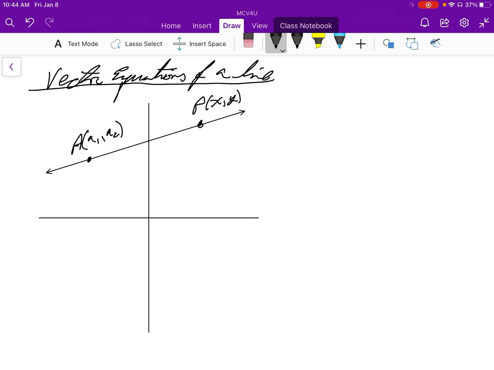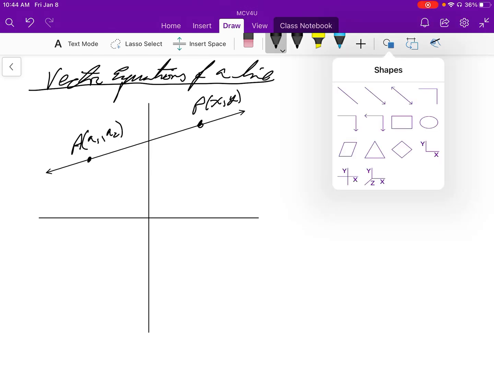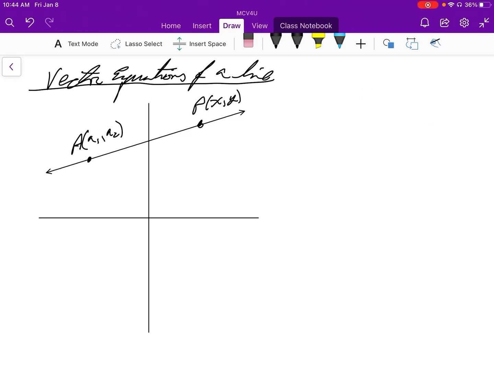What we have to do is come up with an equation that will give us every single point that's on the line. That's what the equations do. So since we're dealing with vectors, what we want is a vector that is, in essence, parallel. It's in the same direction as our line itself. What we call that, coincidentally enough, is our vector m.